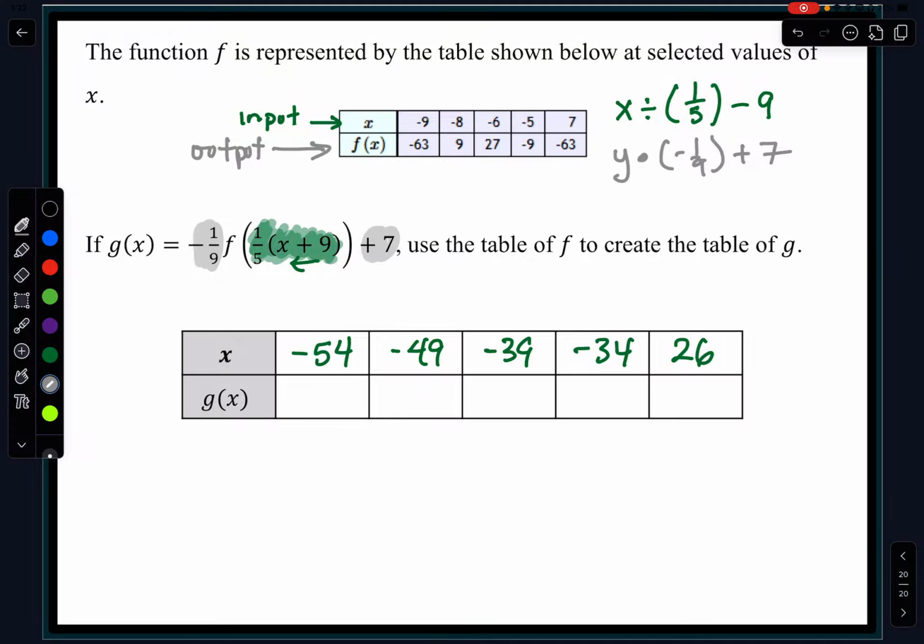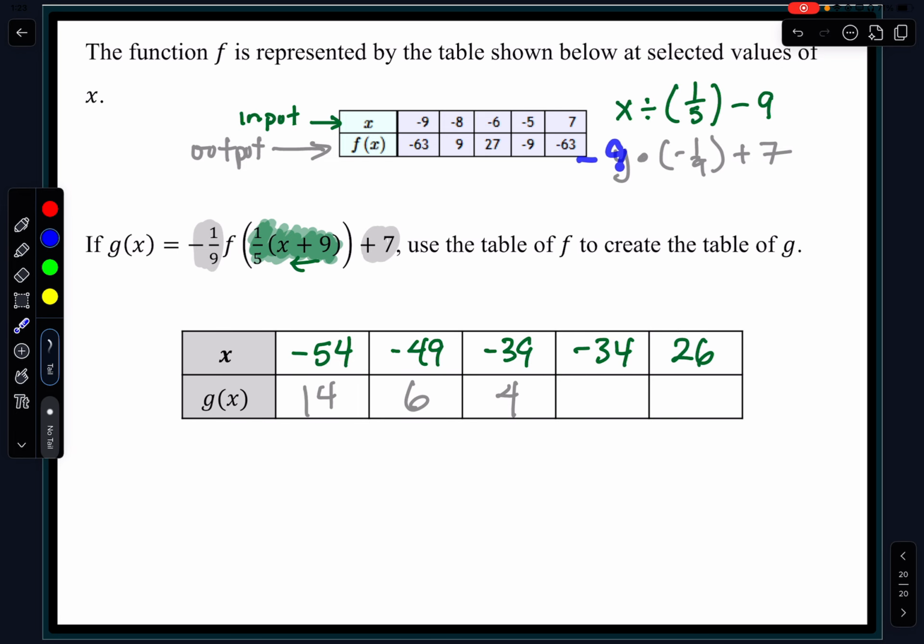So negative 63 times negative 1 over 9, that's equal to positive 7. And positive 7 plus 7, that's equal to 14. Now 9 times negative 1 over 9, that's equal to negative 1, plus 7, that's 6. 27 times negative 1 over 9 is negative 3, plus 7, that's 4.